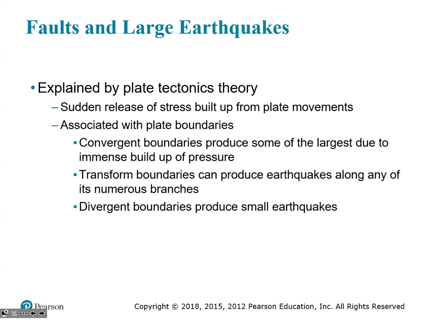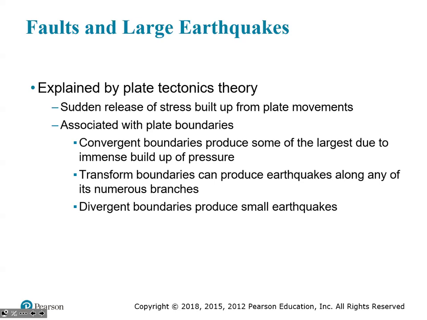so some of the most famous places for earthquakes are transform boundaries, like the San Andreas Fault, but some of the largest earthquakes are actually at convergent boundaries, because often where one plate is sliding under another, the contact area is big, the slope is shallow, and there's a lot of force there.